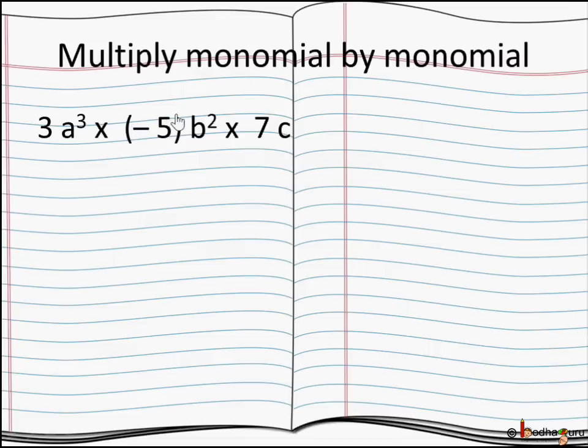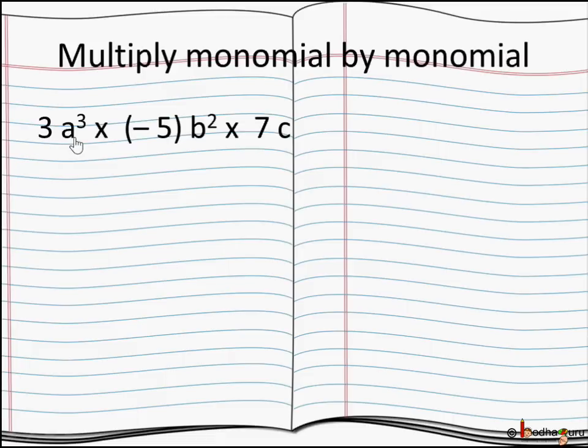By putting bracket, you are very clear this is minus 5 as an integer. So in this algebraic expression of one term, there are three factors: 3a cube, minus 5b square and 7c. Each of them is a monomial. Let's see how do we perform it.